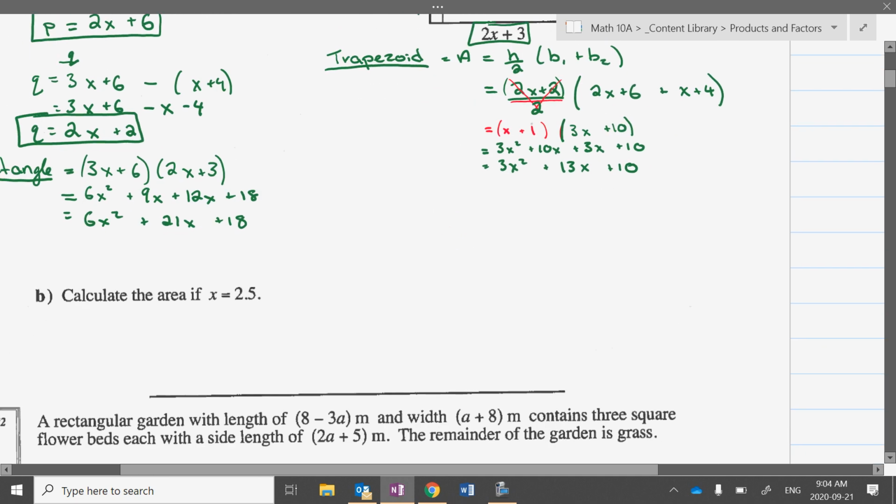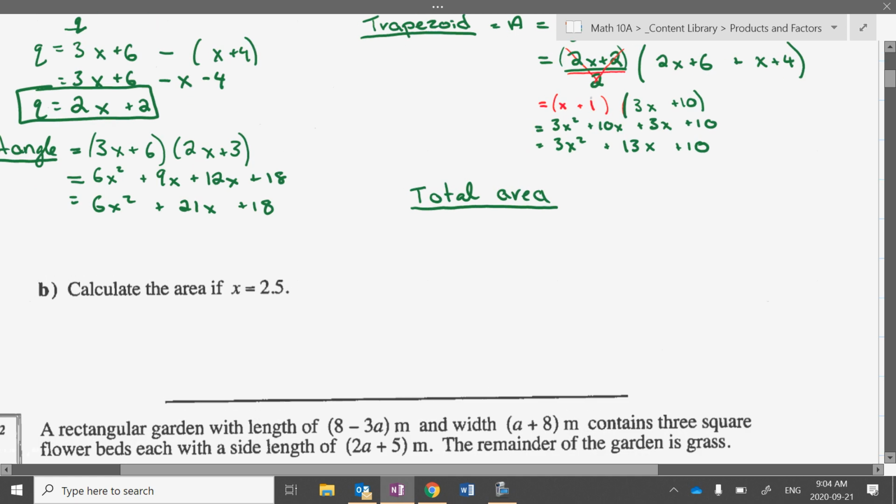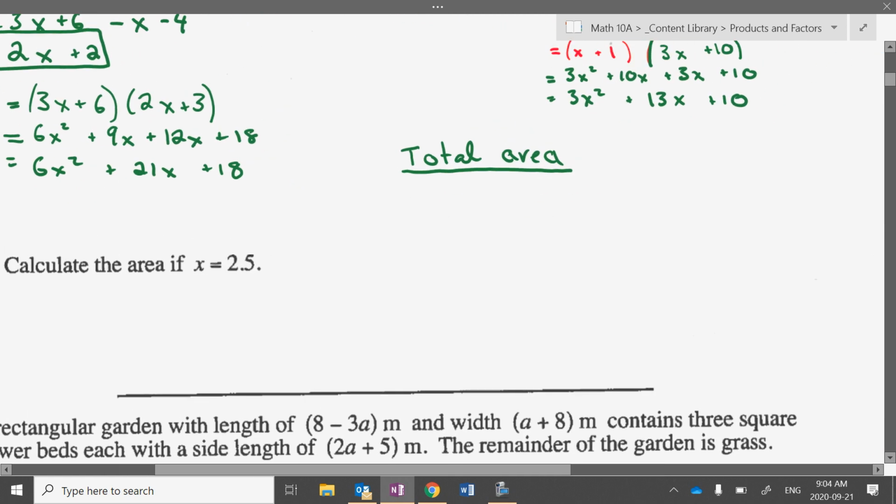Okay, so from here, our total area, I need to add the 2. I'm going to rewrite it. Truthfully, if you've shown your work well enough, you could just add it as you go, but I will rewrite it for the sake of presentation. So I'm going to have my 6x squared plus 21x plus 18.